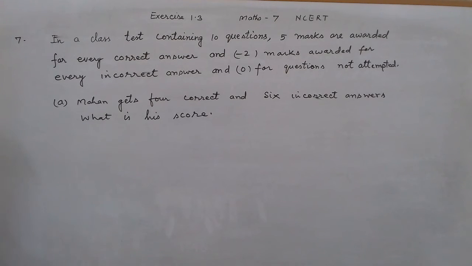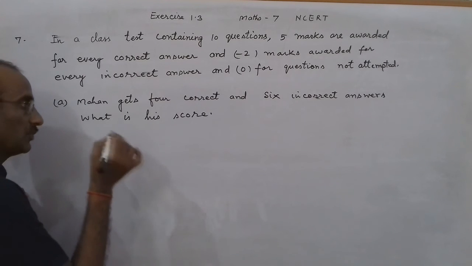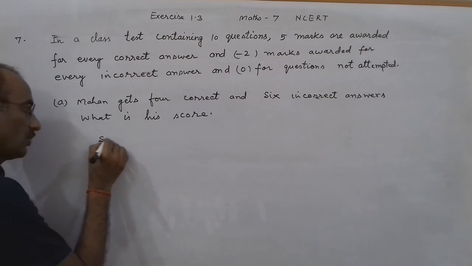In a class test containing 10 questions, 5 marks are awarded for every correct answer and minus 2 marks awarded for every incorrect answer and 0 for questions not attempted. Mohan gets 4 correct and 6 incorrect answers. What is his score? So here we have to find the score of Mohan.